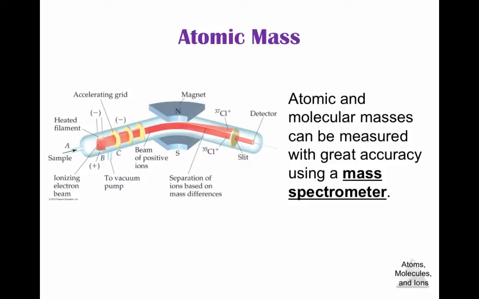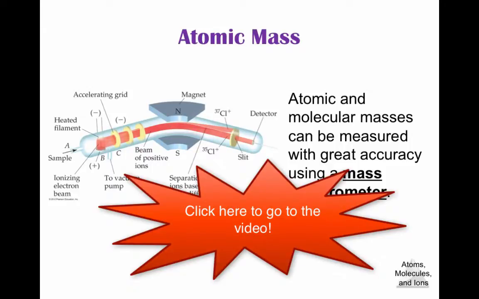Atomic masses and molecular masses are measured with very great accuracy using this device. A mass spectrometer is a very complex device for measuring masses. You can see a very detailed explanation on page 52 of your book, and I've also posted a video onto the class website under the resource videos for a more simple explanation of how a mass spectrometer works.